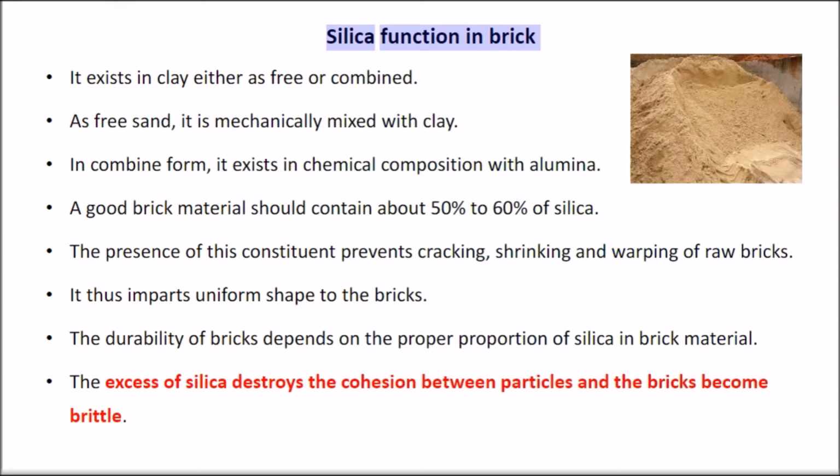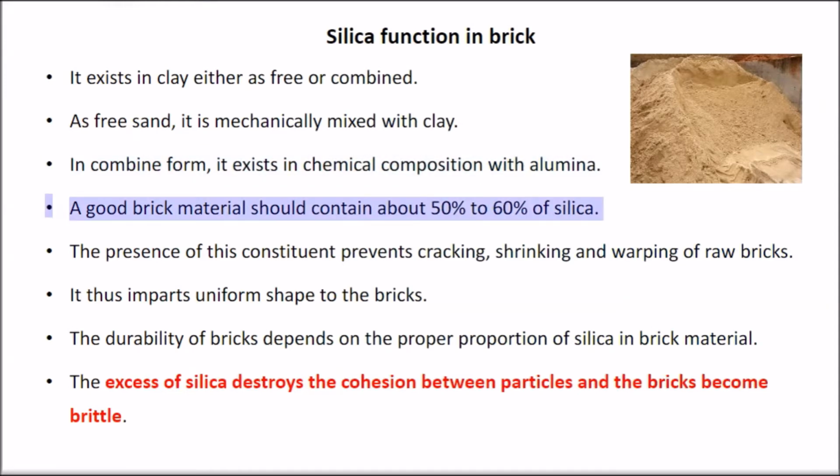Silica function in brick. It exists in clay either as free or combined. As free sand, it is mechanically mixed with clay. In combined form, it exists in chemical composition with alumina.